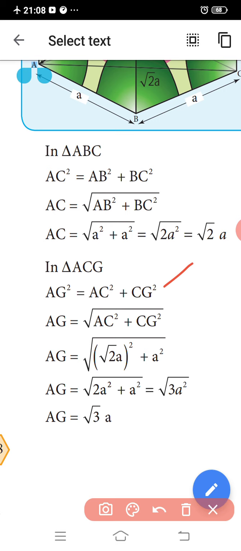So AG is equal to the root of AC squared plus CG squared, which is the root of root 2A whole squared plus A squared.